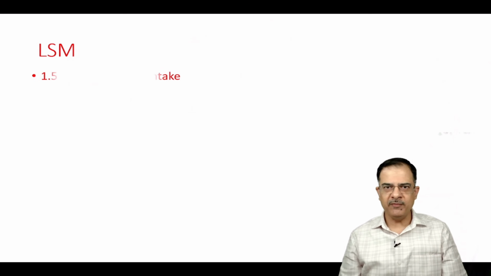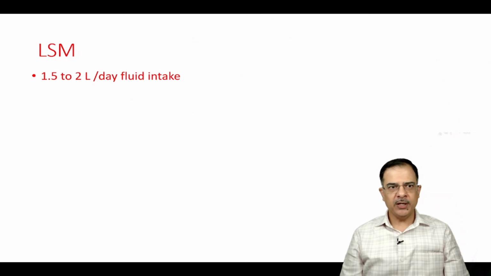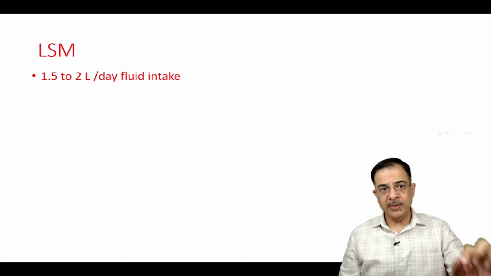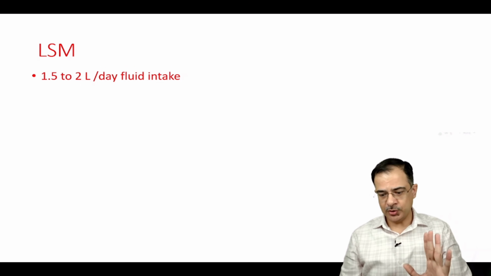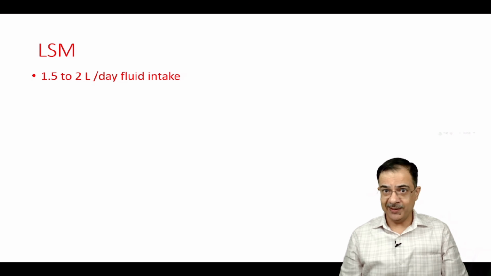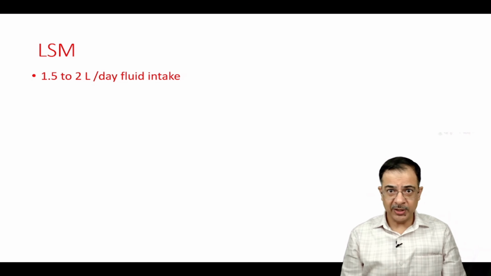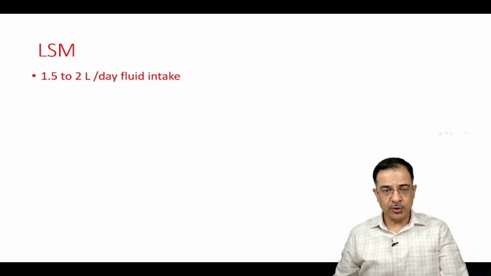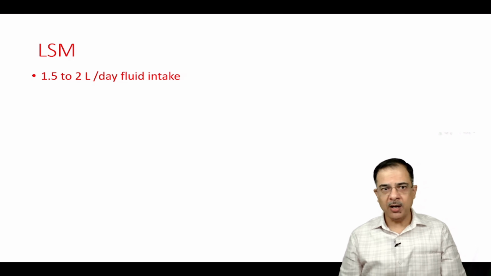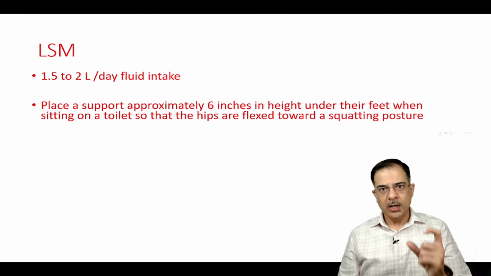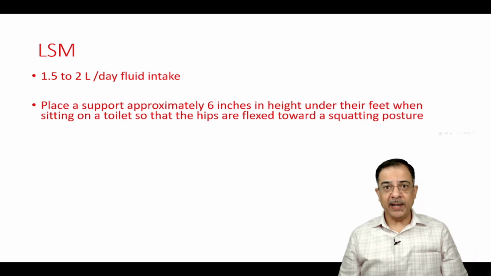Now, what are the lifestyle modifications? Ensure the patient takes 1.5 to 2 liters per day of fluid. We have discussed the mechanism: if the patient is dehydrated, more water is absorbed from the intestine and the stool becomes hard. Now, this is a very important practical tip.